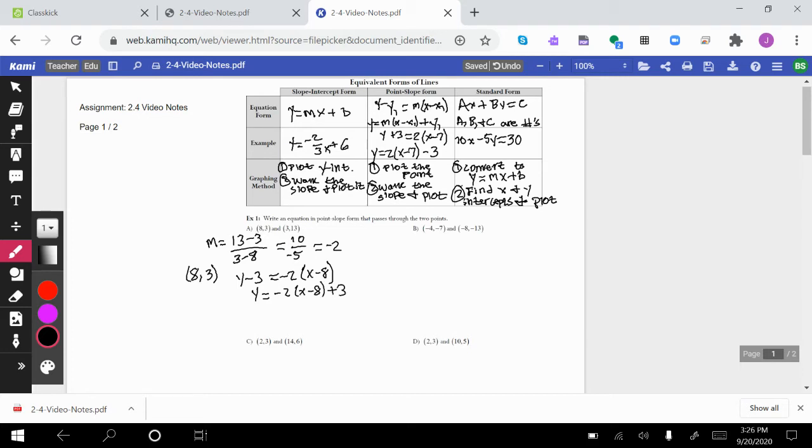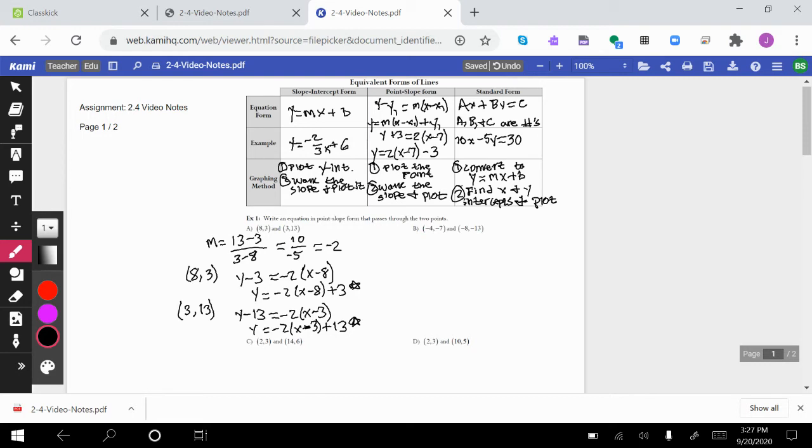We got that plus 3 by moving over the minus 3. Or we can solve it using our ordered pair (3, 13), and we get y minus 13 equals negative 2 times x minus 3. Again, the preferred way of writing that would be y equals negative 2 times x minus 3, plus 13. I'll put a star next to the one that we prefer.